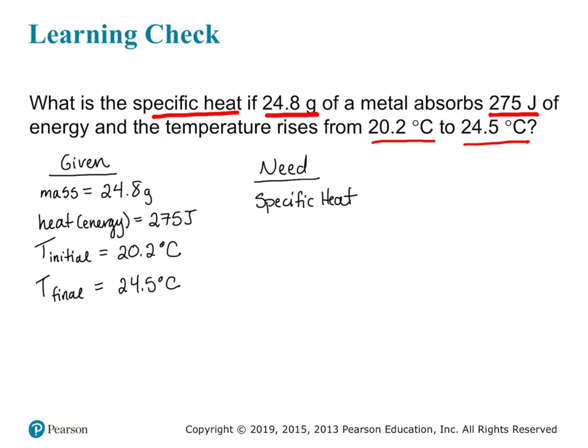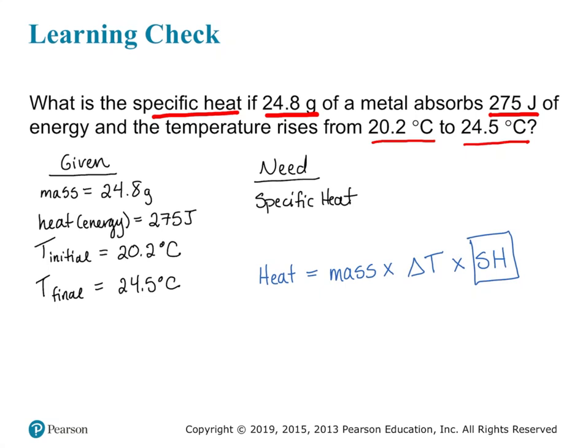So we just said that heat is equal to mass times a change in temperature times specific heat. But we're trying to figure out the specific heat. So there's a couple of different ways you could solve this. You could plug in everything you know and then solve for specific heat. Or you could rearrange the equation before you plug in all of your values. So either way is fine.